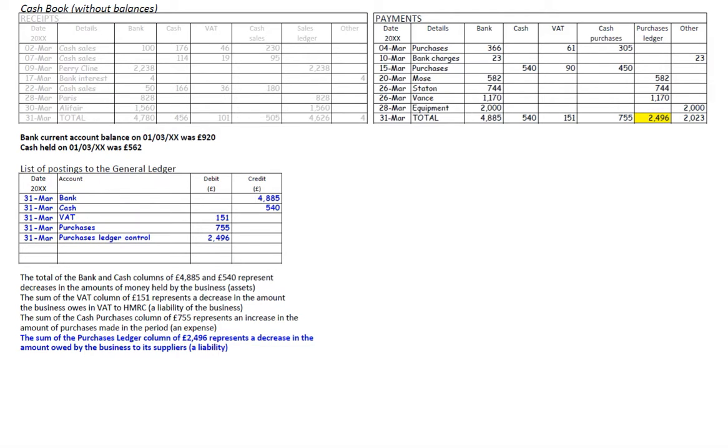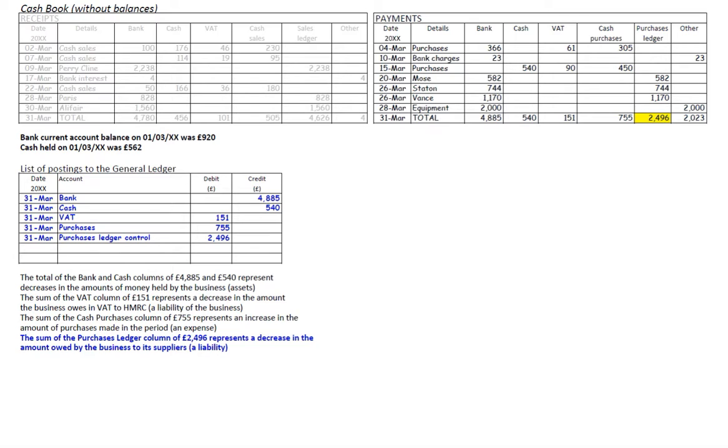And then finally, we have our other column. And here we can see that this £2,023 comprises bank charges of £23 and equipment purchases of £2,000. And rather than posting the total, I'm going to post those two payments separately, simply because it's going to make my life easier.